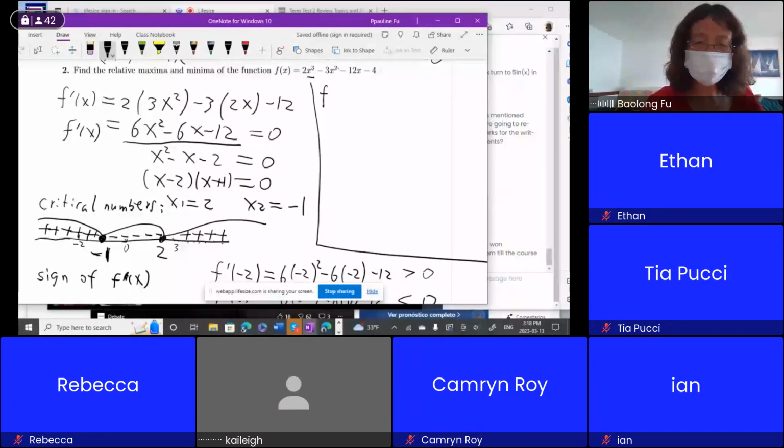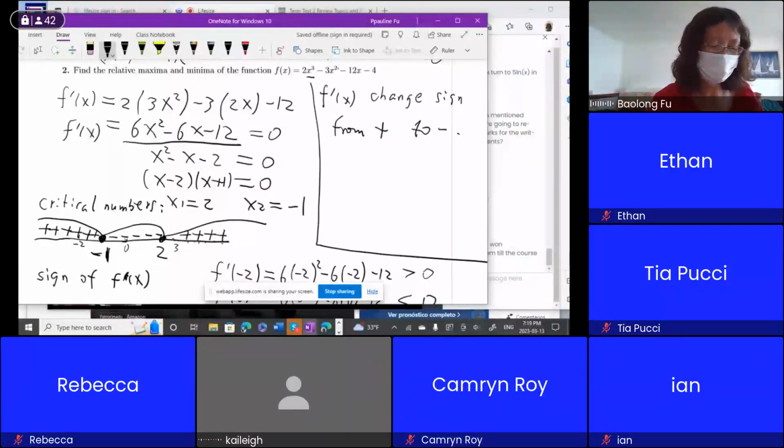I write down: the derivative changes sign from positive to negative. That means function f(x) has a relative maximum.